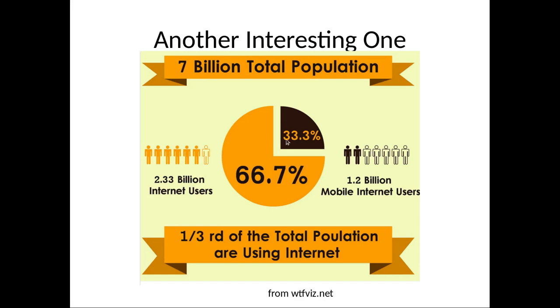It seems like 33.3% of the world population, not the internet users, uses mobile internet, and 66.7% of the world population uses the internet, although these two subsets should not be exclusive. So this is another example of a wrong visualization.